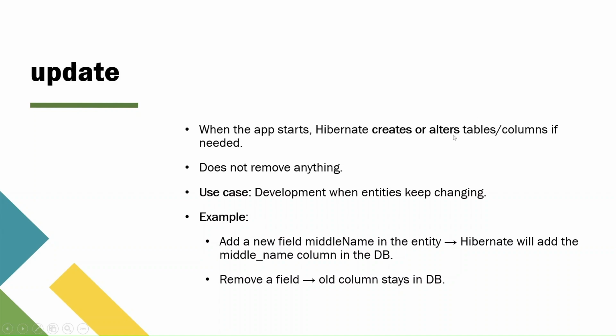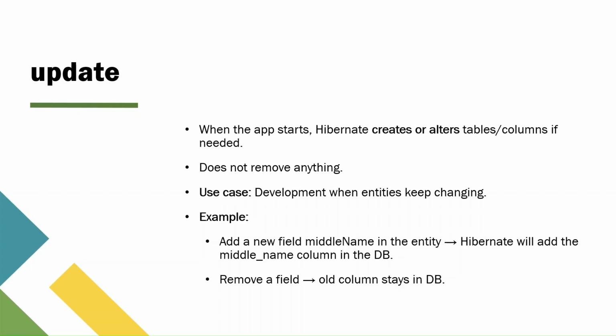What does that mean? When we did not have tables in our database, Hibernate created two tables for us. So creating tables is clear. What is remaining? Alter tables and alter columns. Alter means update tables or update columns.